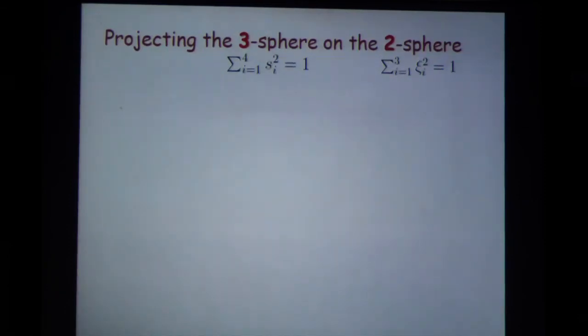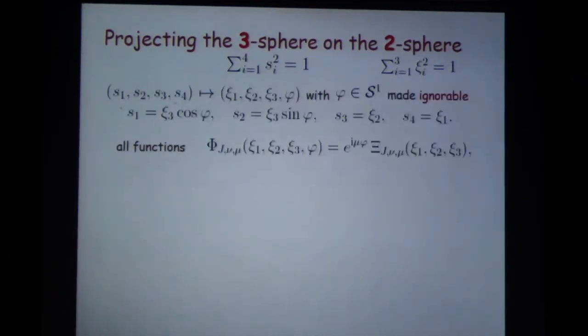So here we're projecting the three-sphere on the two-sphere. And once we do that, well, there are ways of doing it. You see, you can take the four coordinates S1, S2, S3, S4 of the ambient space of the sphere, and in terms of 3 x's and 1 phi.